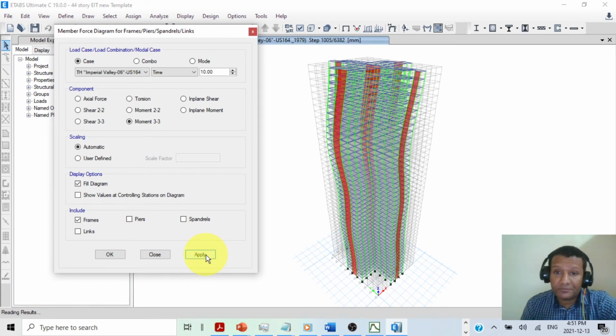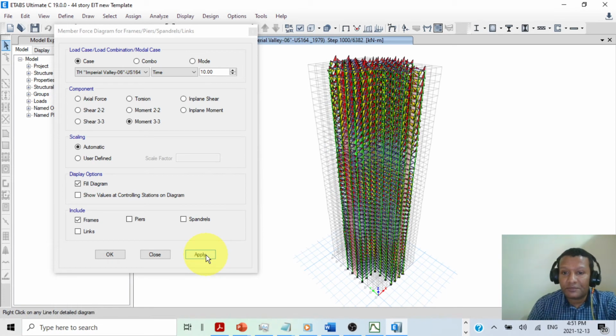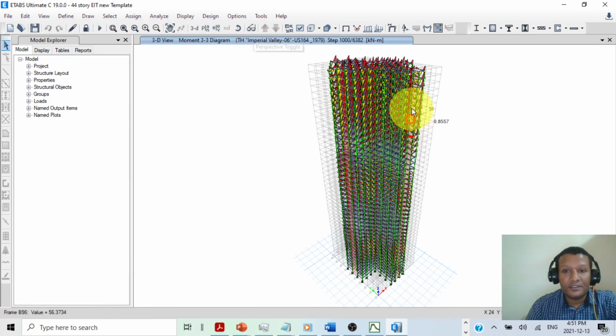Because this is time history, each time step, the moment envelope is changing as per time steps with our total earthquake. So what we have to do, for example, this is our moment. So once it is open, let me show you.